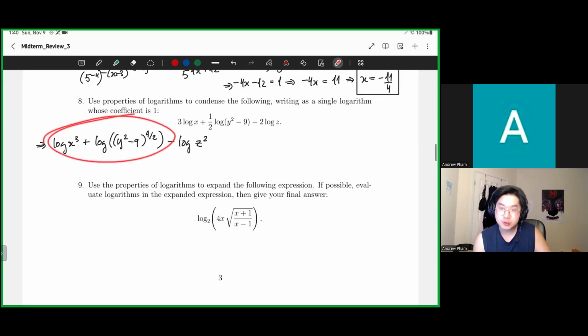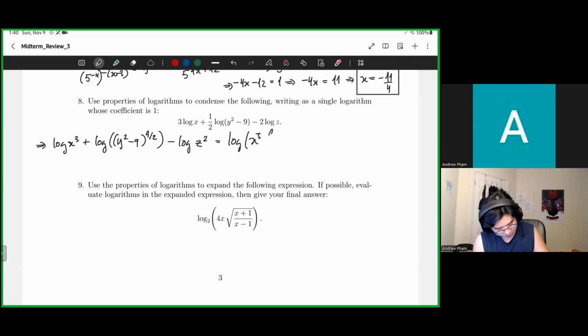Now, smush these two together using the product rule. That equals log of x cubed times y squared minus 9 to the 1/2 power minus log z squared.